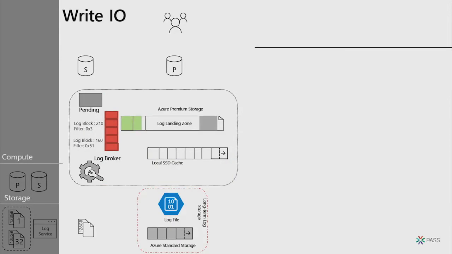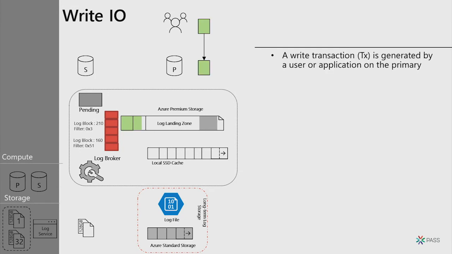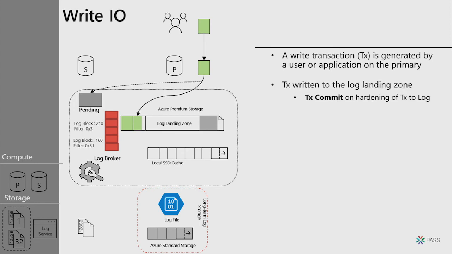So how does it all tie together? You have a write I/O process. A user transaction commits. Commit actually lands it to the log, right? And then the log asynchronously, I should have made this a dotted line, puts it in this broker. But once it lands in the log, the transaction is done.